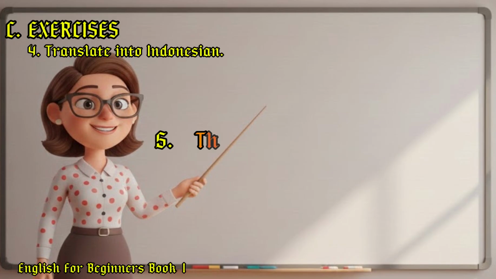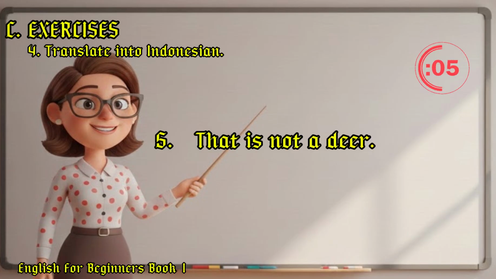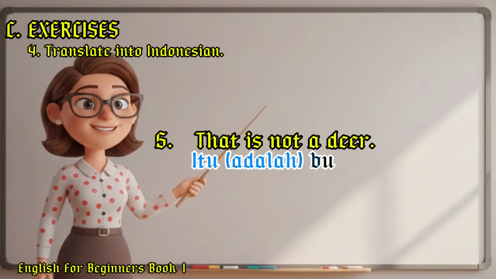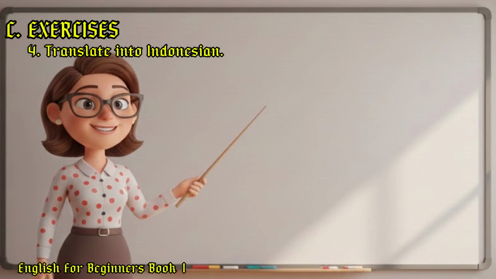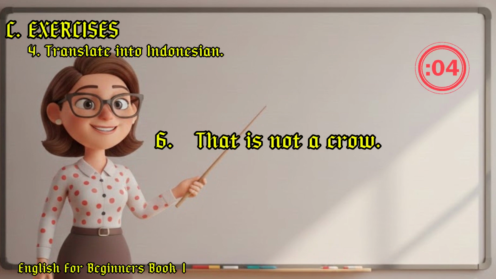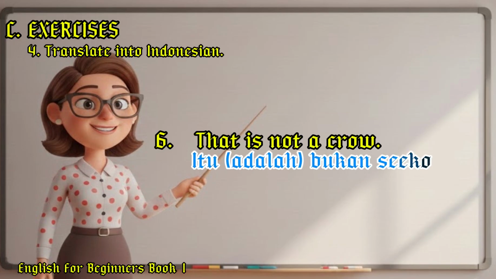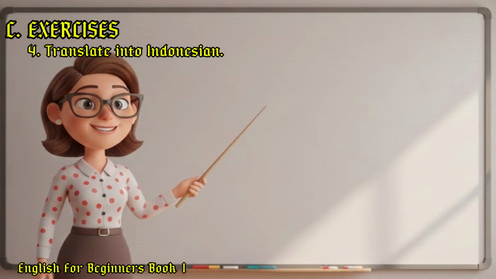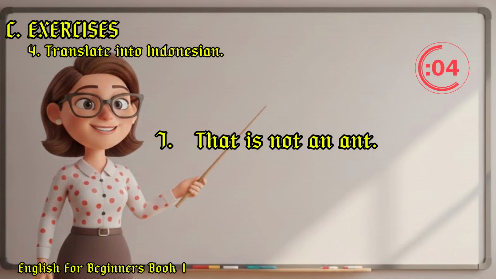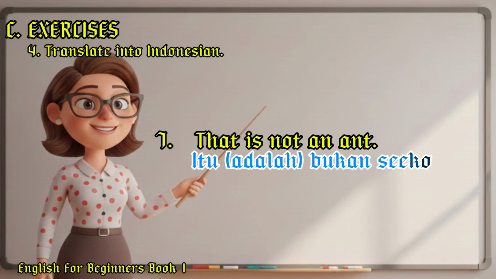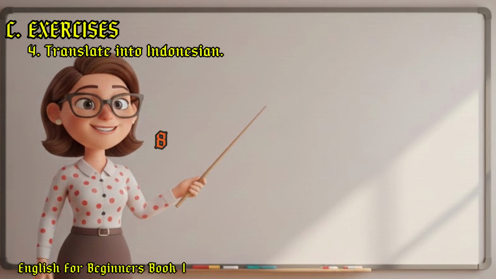5. That is not a deer. Itu adalah bukan seekor rusa. 6. That is not a crow. Itu adalah bukan seekor burung gagak. 7. That is not an ant. Itu adalah bukan seekor semut. 8.